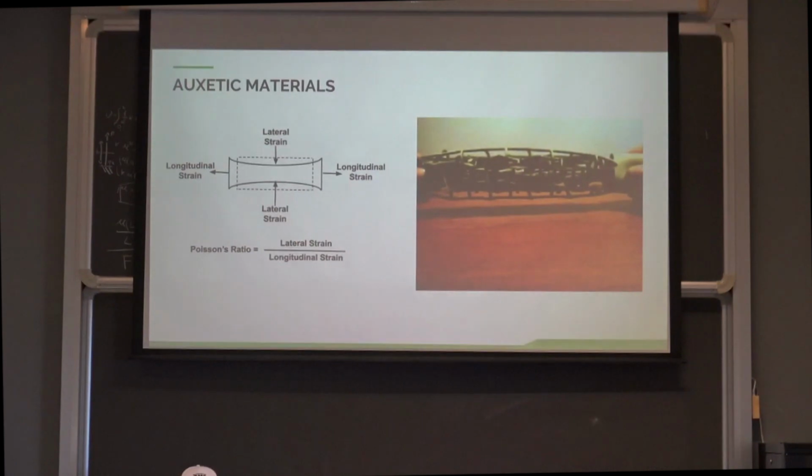So auxetic is the same as materials with negative Poisson ratio. If you stretch them in one direction, they will extend in the perpendicular direction as well, contrary to conventional materials. Such materials have various practical applications, and they almost don't exist in nature. But it's pretty easy to make them using lattice structures.